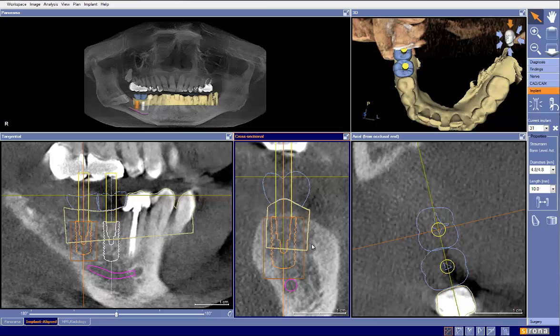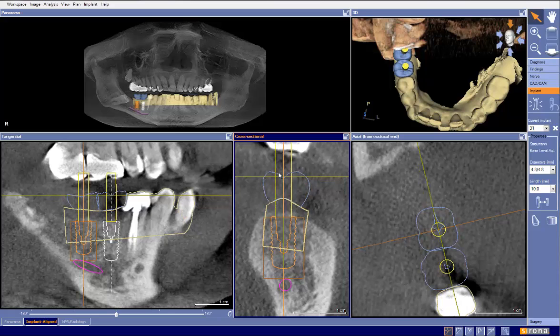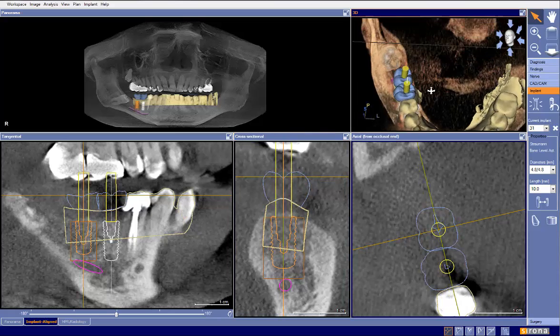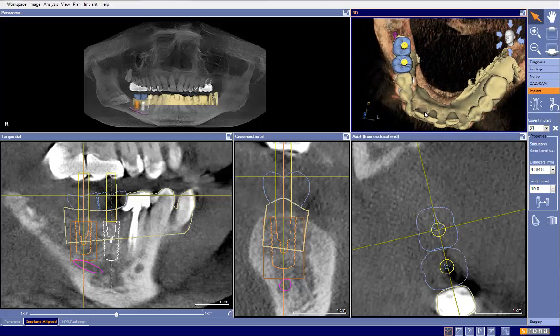My preference on this case, honestly, is going to be to tilt the implant, simply because I don't mind engaging the cortical bone right here, but I don't like how thin this area is here, so I prefer to have a little bit more bone. So I would probably just end up tilting it like so. We're going to make two simple screw retained restorations, so it's not going to matter in terms of creating parallelism, and that little bit of degree is not that big of an issue.